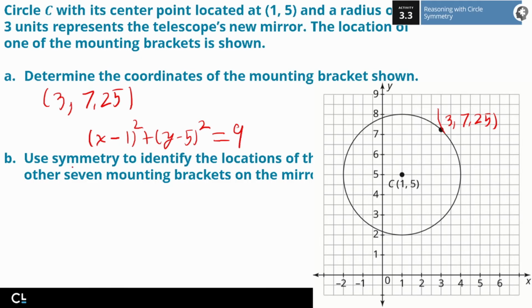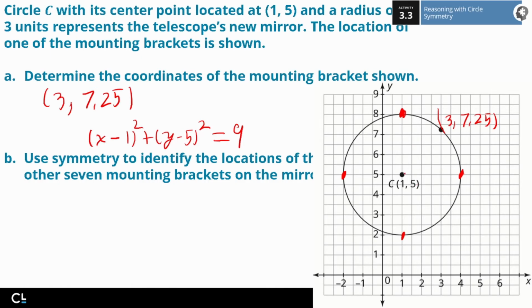So now, what do we do from here, right? Now, it says, use symmetry to identify the locations of the other 7 mounting brackets on the mirror. I know that's a little cut off, but that's what it says. Well, what we could do is then this. We know that there's going to be mounting brackets perfectly up top, perfectly to the right, perfectly to the left, and perfectly to the bottom.